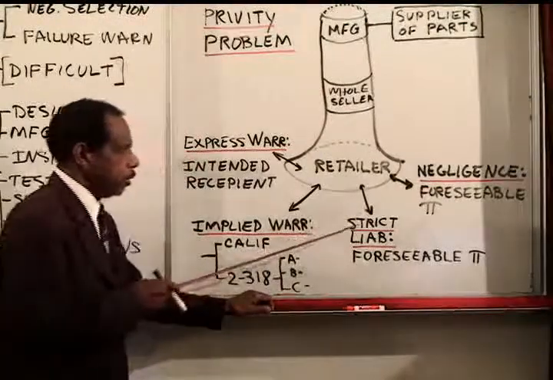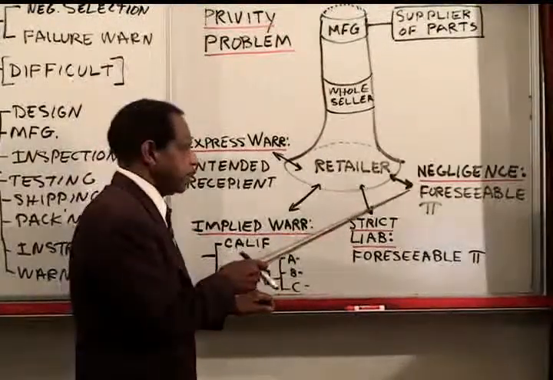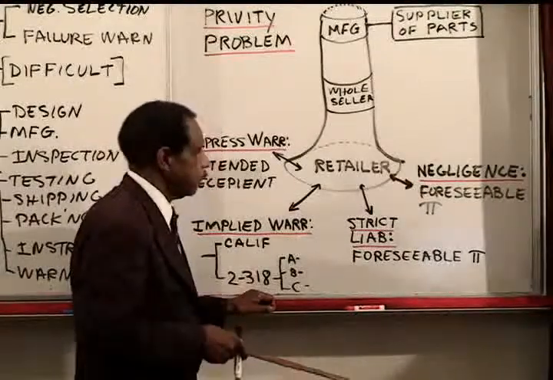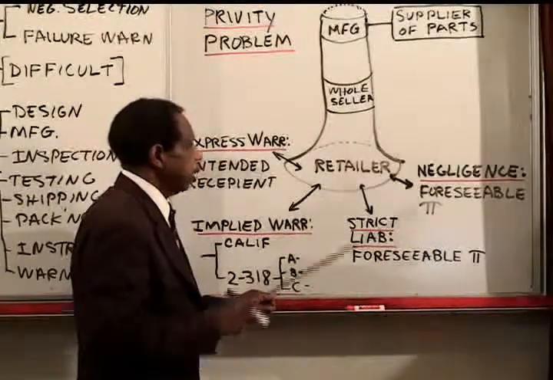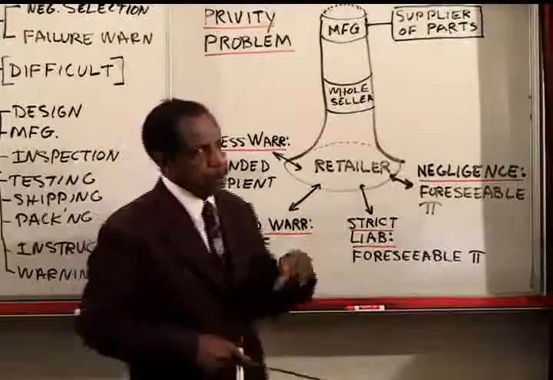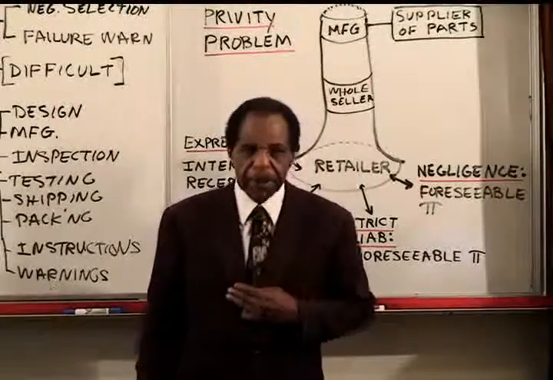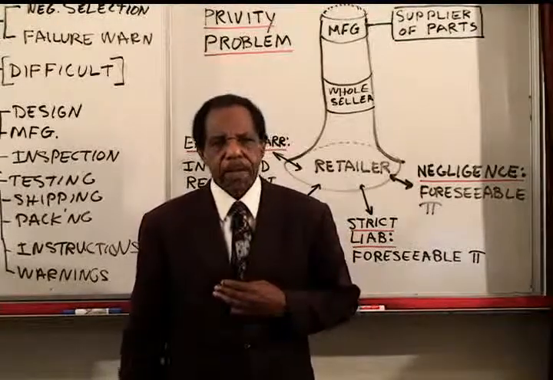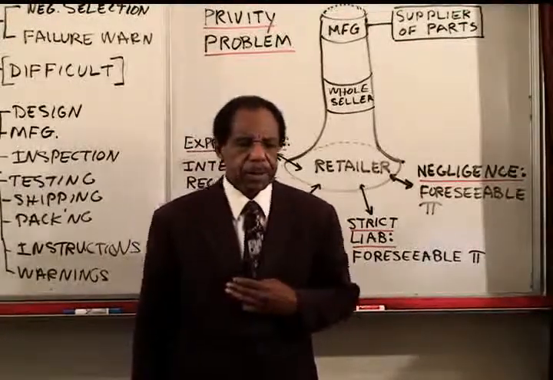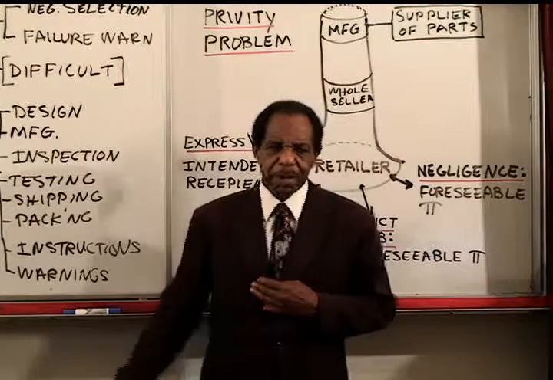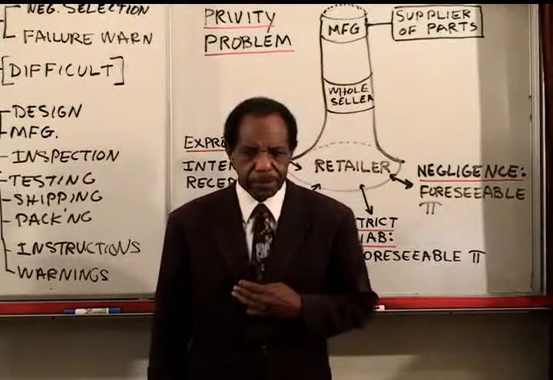Now, the second case I wanted to mention is where the person might be suing for, I bought a car. I bought it from a manufacturer or somebody, and they were negligent, and I am suing for negligence.